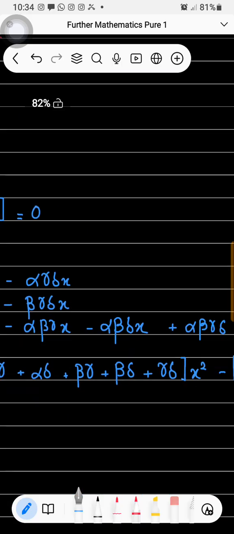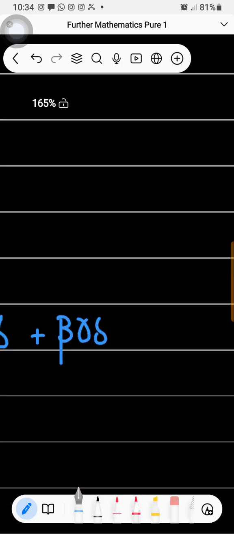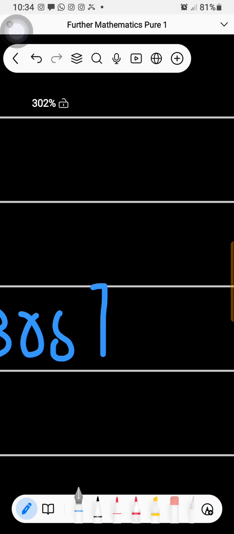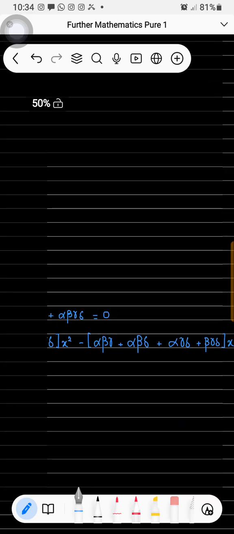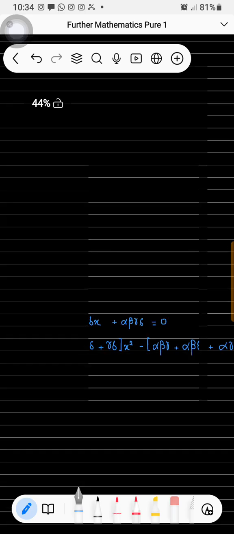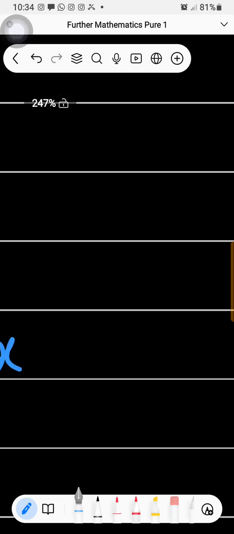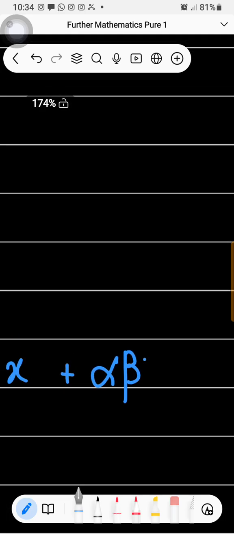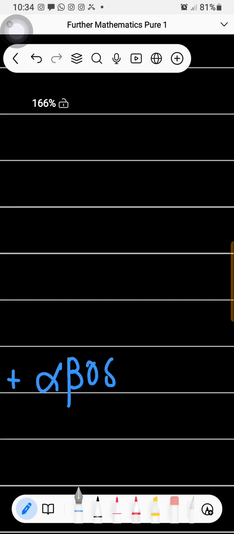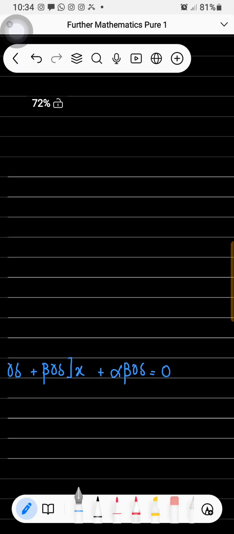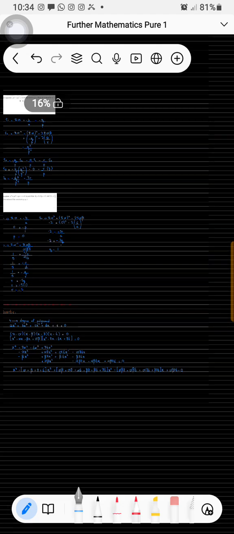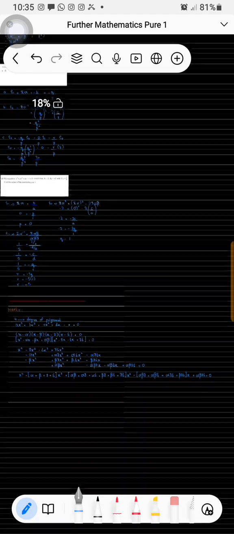So we just copied out these terms here, and bracket close, and here x is common. Then I will write plus alpha beta gamma delta equal to 0, and this is simplified here. So yes, this is simplified.